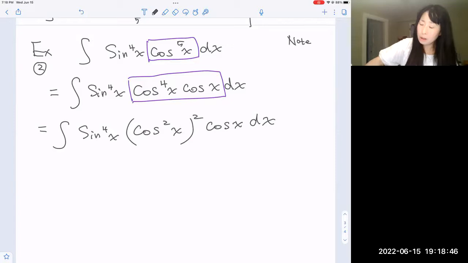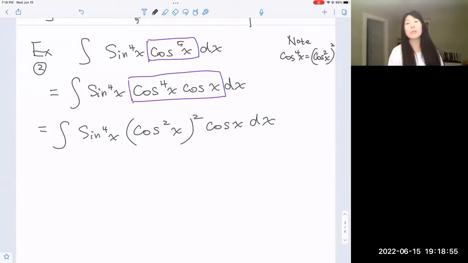I made cosine fourth power as cosine squared x, squared. Is it okay? Okay, good. Looks good, actually.